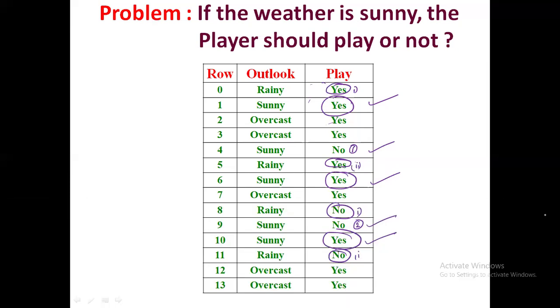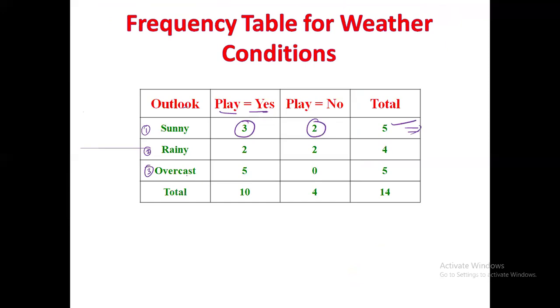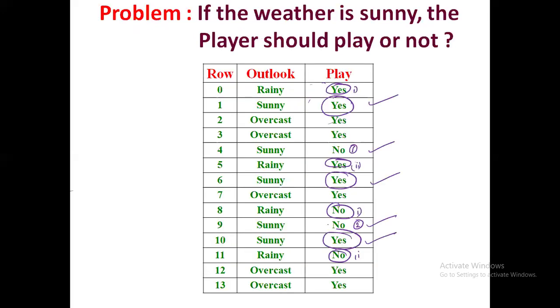So there are 2 values. Yes is equal to 2 and no is 2. So the total rainy values in the above table are 4.